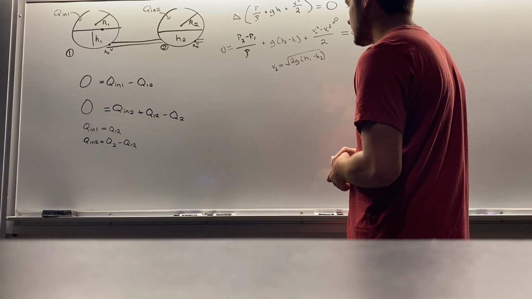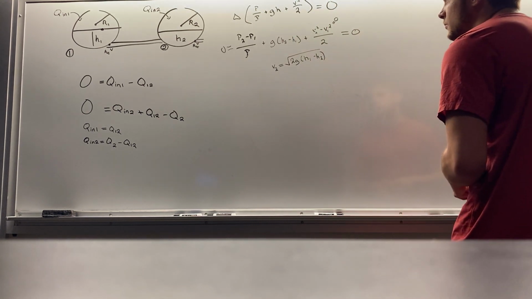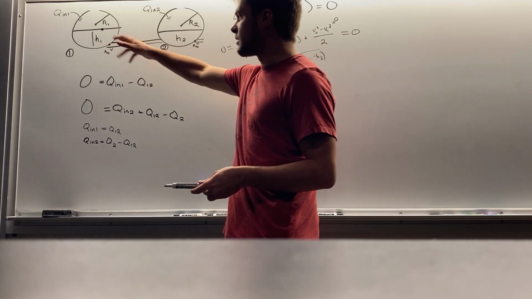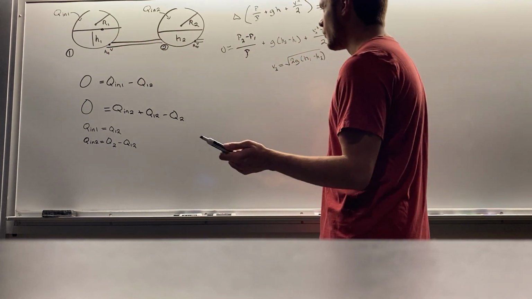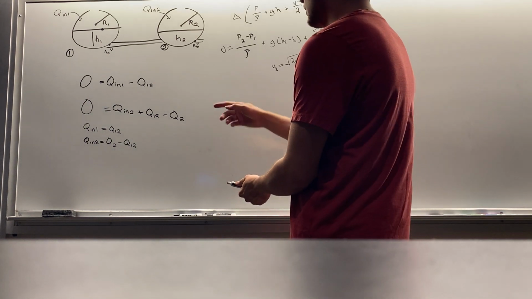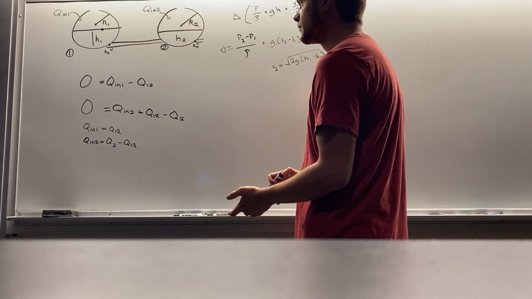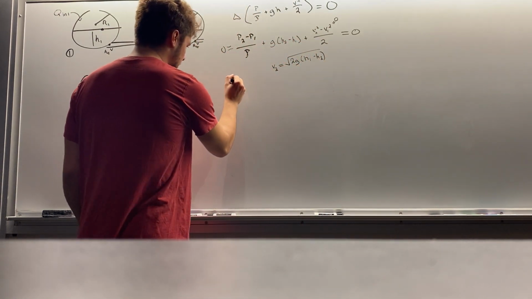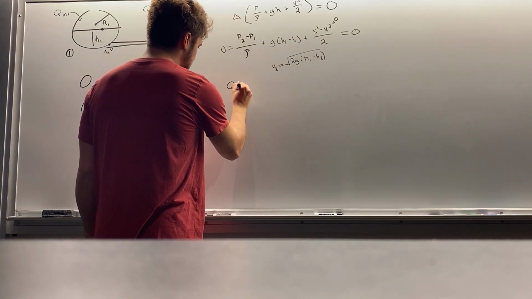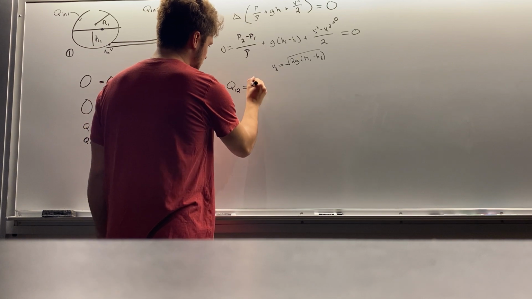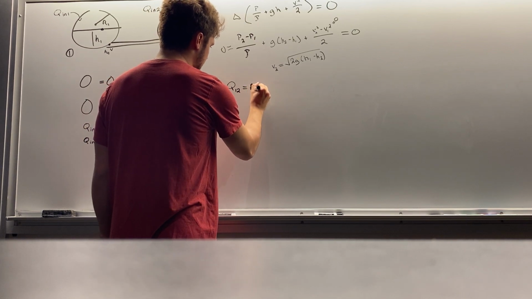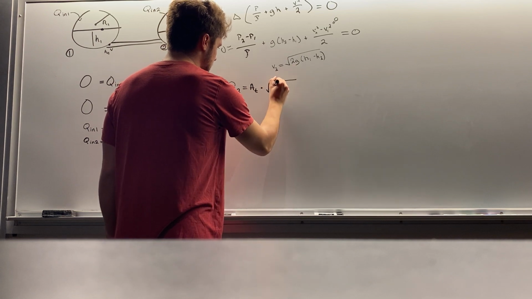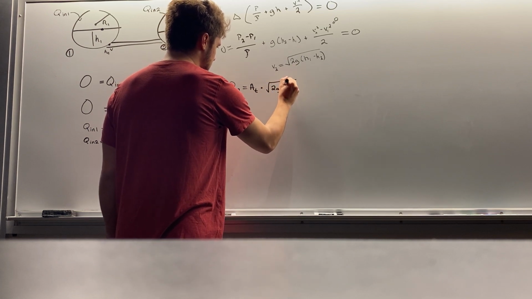So H1 minus H2. And then that's our velocity leaving, that's going in the tube from tank 1. So we just multiply that by the area of that tube, then we get that our Q1,2 is going to equal our area of the tube times our velocity.